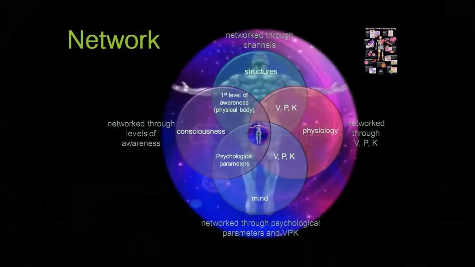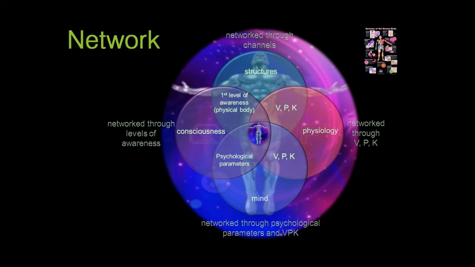The psychological domain is networked through parameters of vata, pitta, kapha. There are also other psychological parameters like sattva, rajas and tamas. They also have further subclassifications. And the consciousness is networked through levels of awareness. Now what is interesting is how there is an overlap.